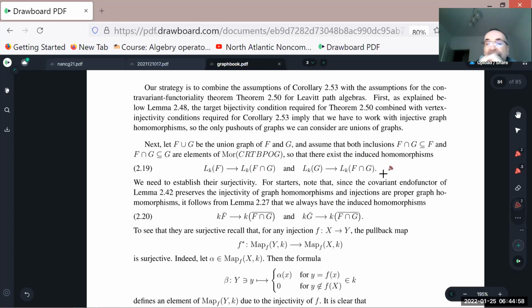And what I'd like to do now is establish their surjectivity. I simply wanted to say that the first naive combination of assumptions immediately brought us into the realm of unions of graphs. And now I want to show you that once we are in the realm of unions of graphs, you can deduce that you must have these admissibility conditions that we talked about in the previous semester.